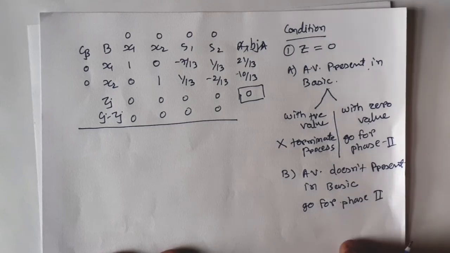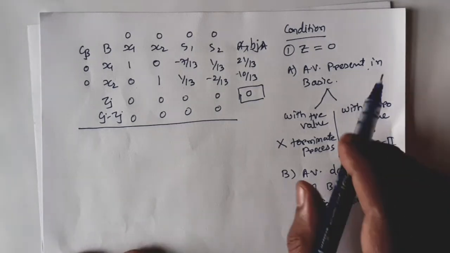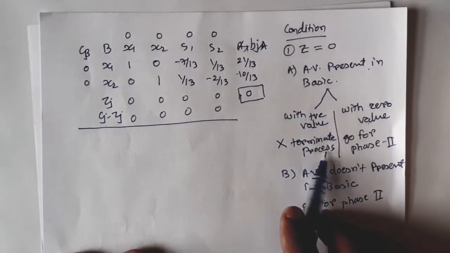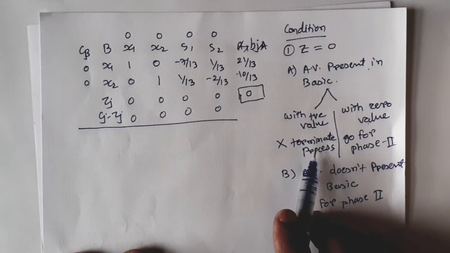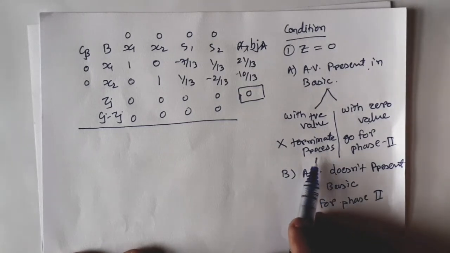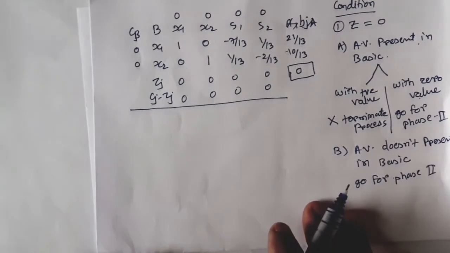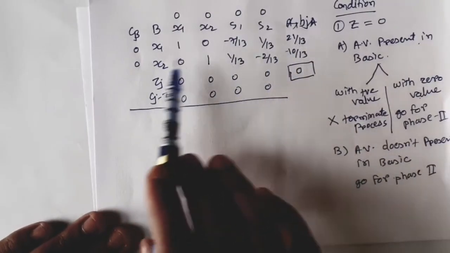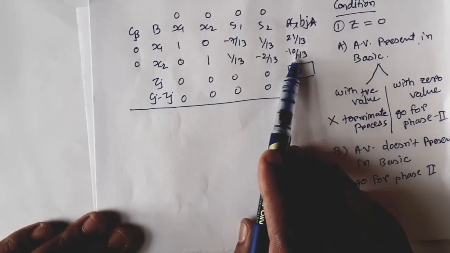So in 2 cases you have to go for phase 2, and in the case where an artificial variable is present in the basis with some positive value, in that case this problem does not have an optimal solution, and terminate the process, or it is simply also called an infeasible solution. So here we get a solution, say x1 equal to 21 by 13 and x2 equal to 10 by 13.